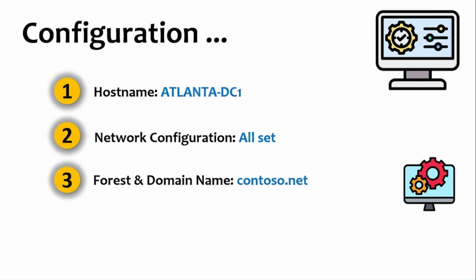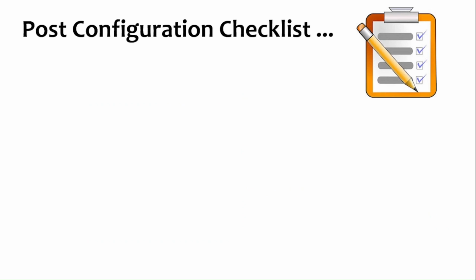Now the forest and the domain name which we have decided is contoso.net, and rest everything will be default, we will not make any changes. So this is the configuration part, and we'll go for some post configuration checklists as well.